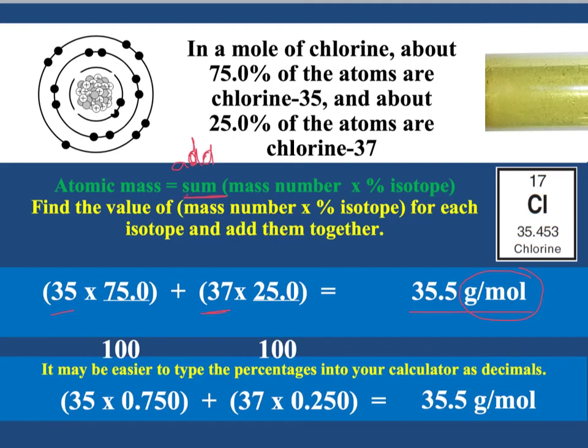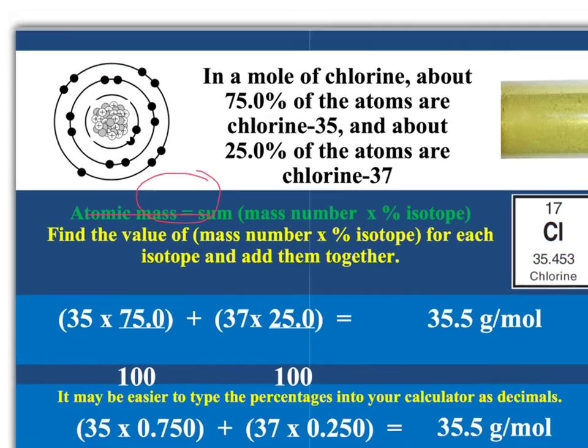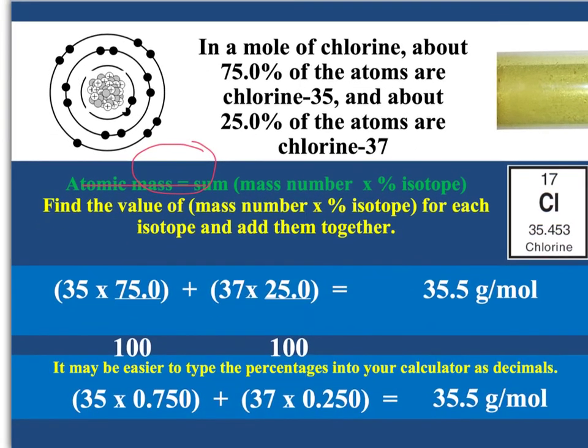So the easy way to put this into your calculator, because you can use your calculator, would be to put the percentage in as a decimal. So technically, 75% is the same as saying 0.75. Because when we think about it, 75% is the same as saying 75 out of 100.